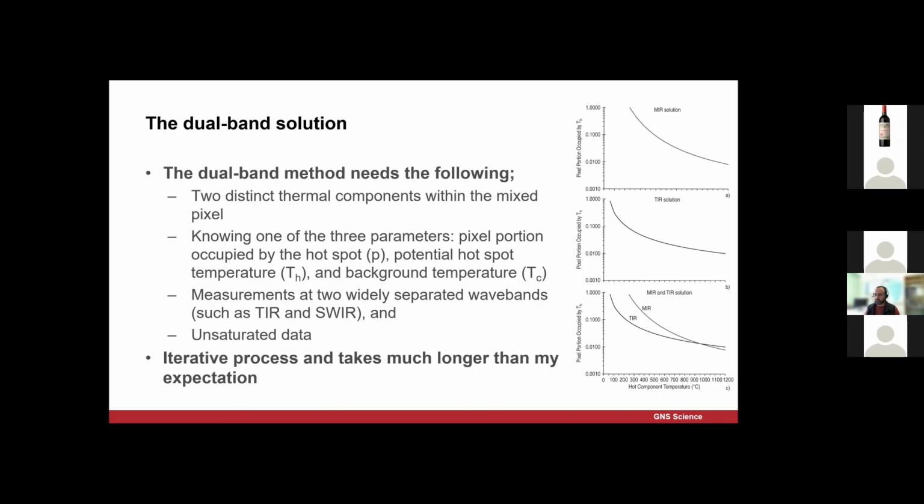It is not the areal percentage of the hotspot, but the contribution of the heat or the radiance in that pixel. That is the proportion that we need to determine, which is the trickier part. And we need to know the potential hotspot temperature and the background temperature.